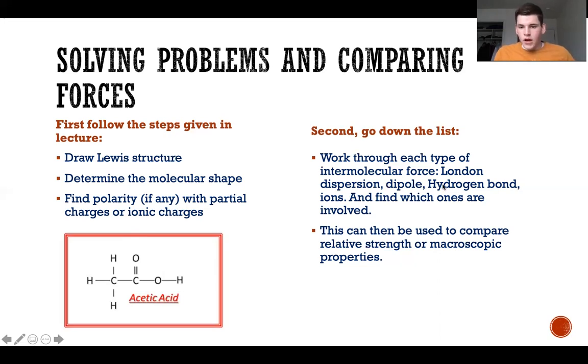Next, we have our hydrogen bonds. And remember those three elements I told you about, nitrogen, oxygen, and fluorine. If we have any of those bonded to a hydrogen in our molecule, we can consider it has hydrogen bonds. So we can see here, we do have an oxygen bonded to our hydrogen. Therefore, we can say this is available for hydrogen bonding.